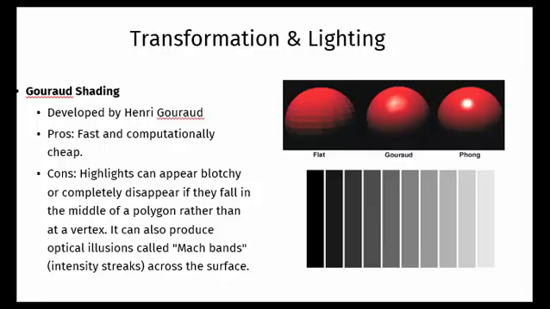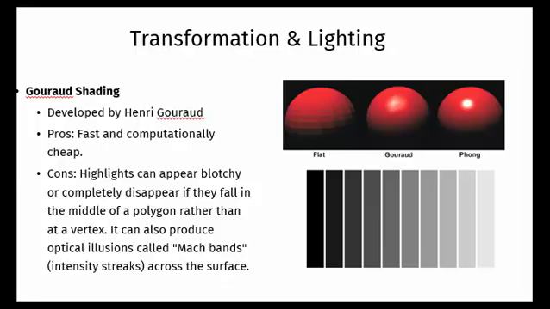However, it also has some limitations. Sometimes the highlights can look blotchy or uneven, especially when a bright spot falls in the middle of a polygon instead of near a vertex. This can also create visible lines or Mach bands across the surface.